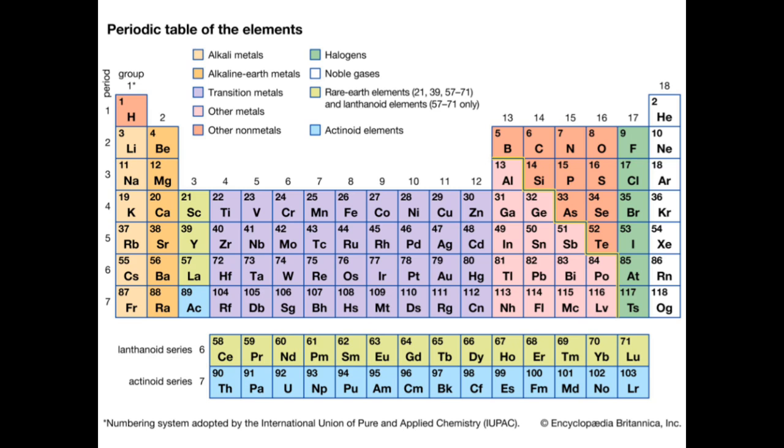Hydrogen generally is put in group 1 because it loses one electron to have a zero configuration. But in actual sense, hydrogen can lose one electron or gain 1 electron to become a noble gas. That's H minus, it becomes a hydride.